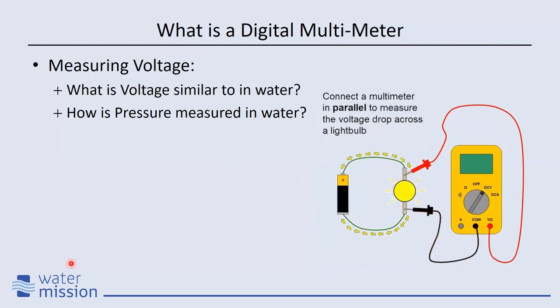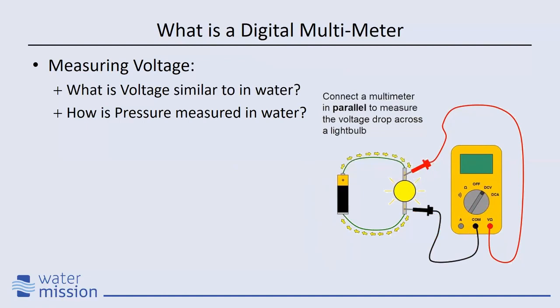You'll note that this red lead is now plugged in a different location. It's gone from the A, amps, over to the volt side, the V. Also, this dial has been turned from DCA to DCV, direct current volts.